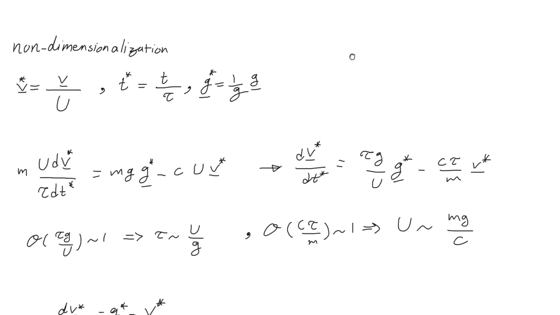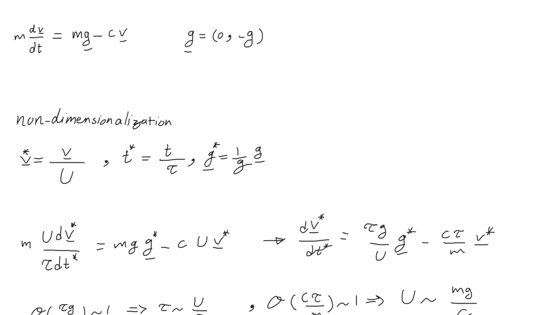Okay, to non-dimensionalize the equation, we need some scales, some typical scales. So for the velocity, both x and y direction, we use a similar factor, u. For time, we put tau. We don't know it yet. To non-dimensionalize the first term on the right-hand side, mg, we need to non-dimensionalize the vector g.